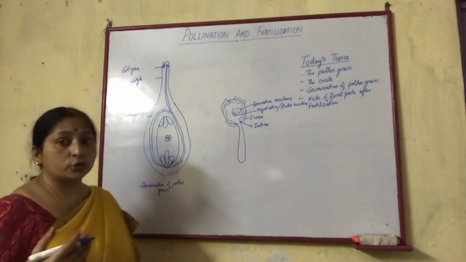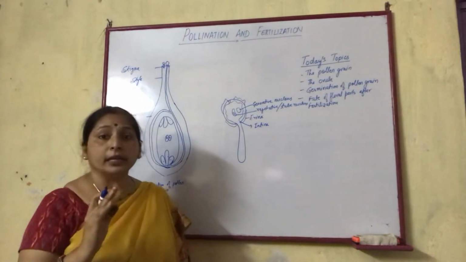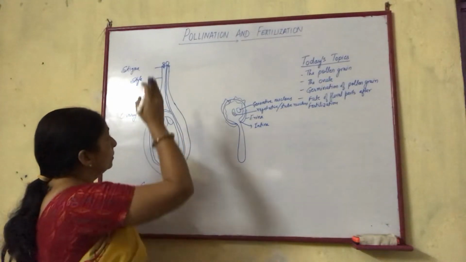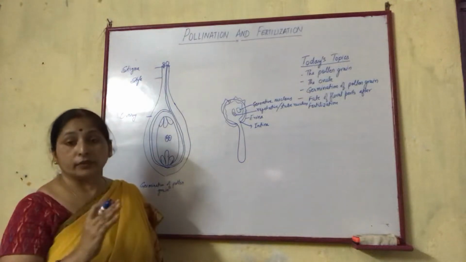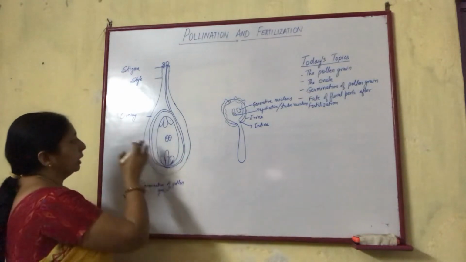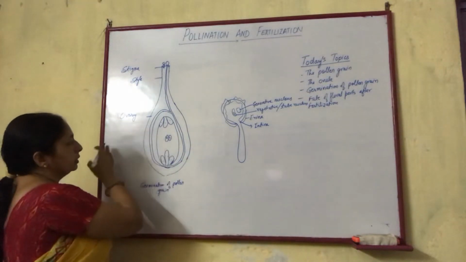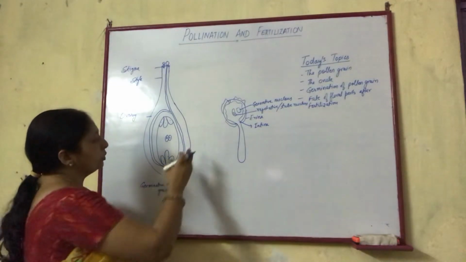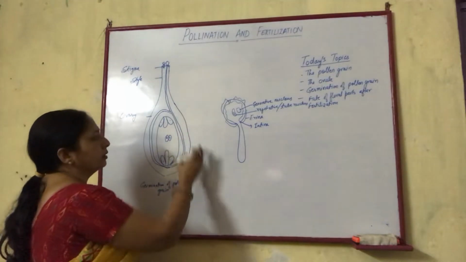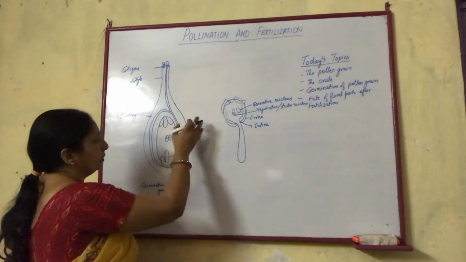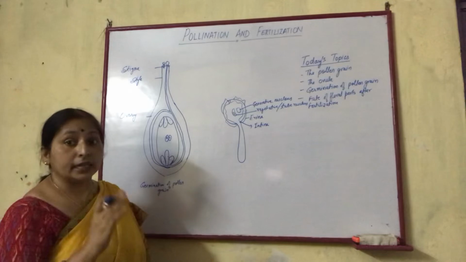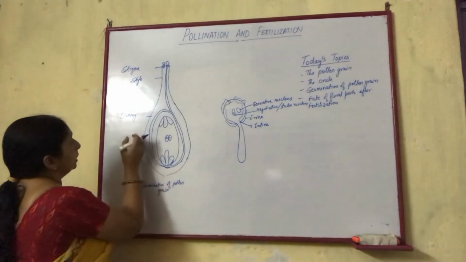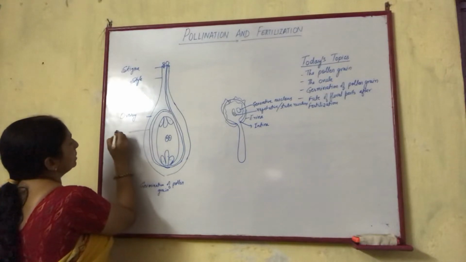Whenever you make a diagram, the labeling must be on the right-hand side, equidistant from the diagram. Since I do not have much space here, I am labeling in both directions, but mostly you should label in one direction, the right one. Inside the ovary, the ovule is present.